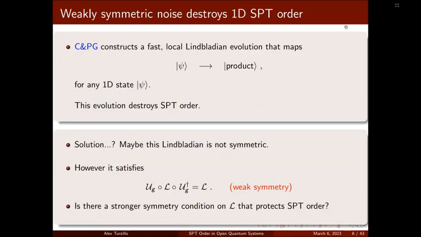So it looks like there are no SPT phases in one dimension until we realize, well, there should be some symmetry condition imposed on these evolutions. It turns out, however, that this Lindbladian that they define actually does have weak symmetry. So our only hope is that there's maybe some stronger symmetry condition on L that could protect SPT order in open systems.